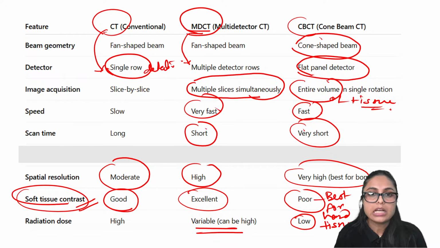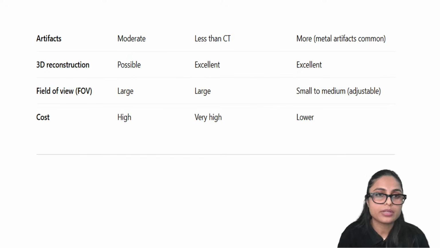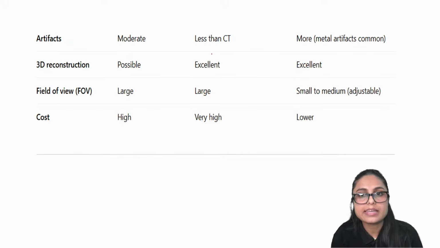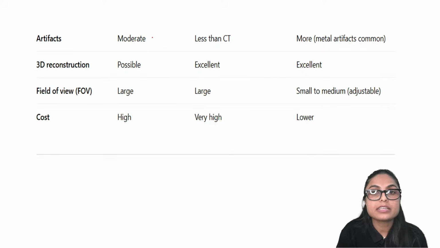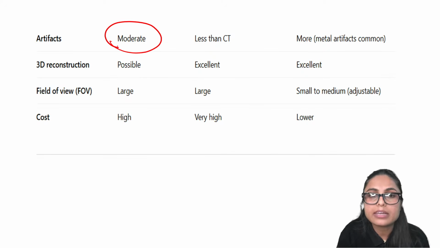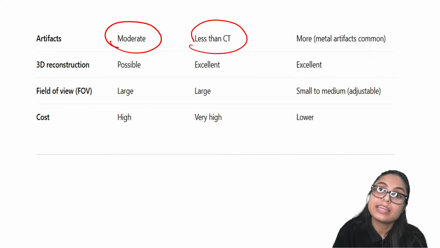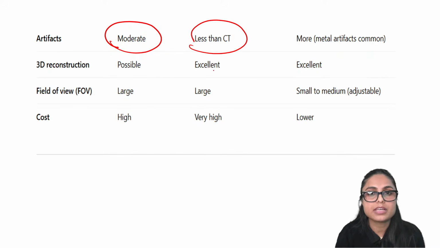Coming to the next points about CT, MDCT, and CBCT. Artifacts: in CT you get moderate artifacts. In MDCT we get fewer artifacts than CT. But in CBCT we have more artifacts, so metal artifacts are mostly common.